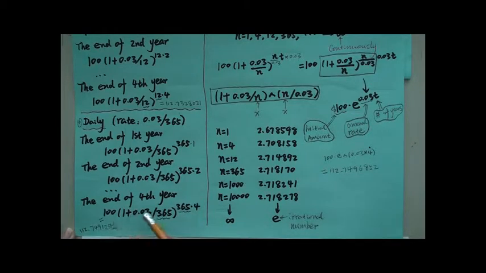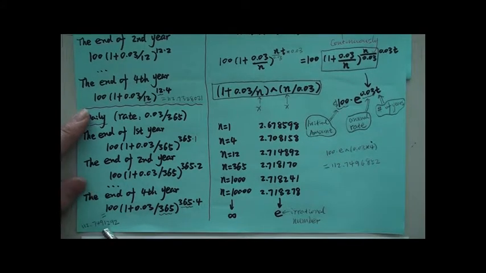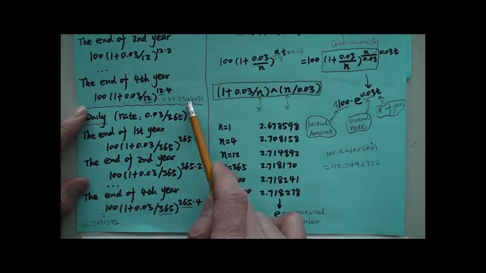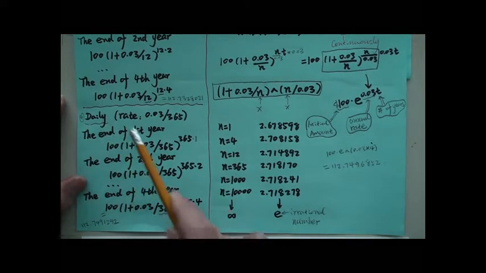The amount of money we get here is $112.7491292. This number, the decimal part, is slightly bigger than 73. Here is 74. So compounded daily is better.